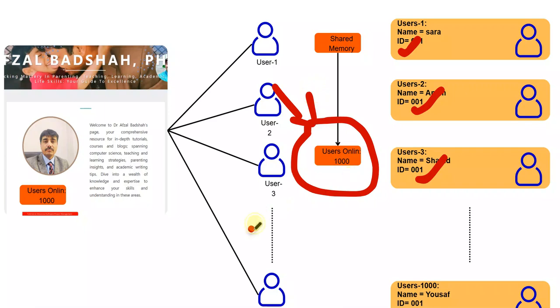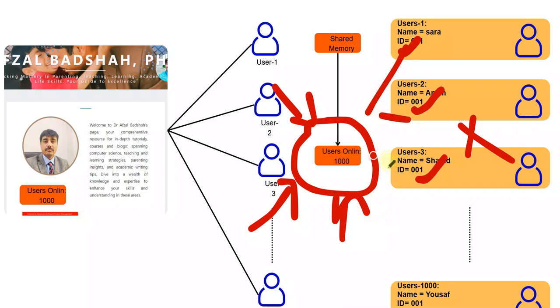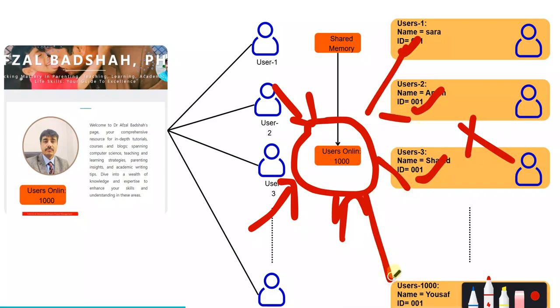That shared space will be a class part, not an object part, so it will not be repeated as we repeat the object. So data is stored in one place, and every object is getting that data.